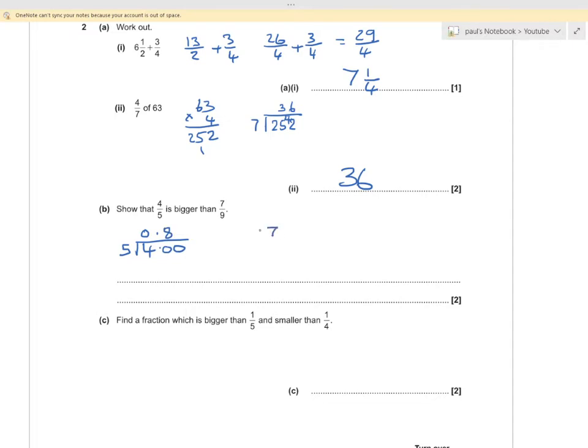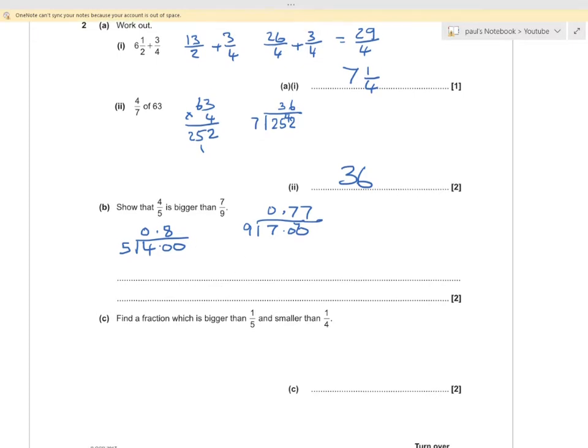And 7 divided by 9, that's 0 point nothing. 7 nines is 63, with 7 left over. And 9 into 70 is again 7, so 0.77. So 0.8 is bigger than 0.77.